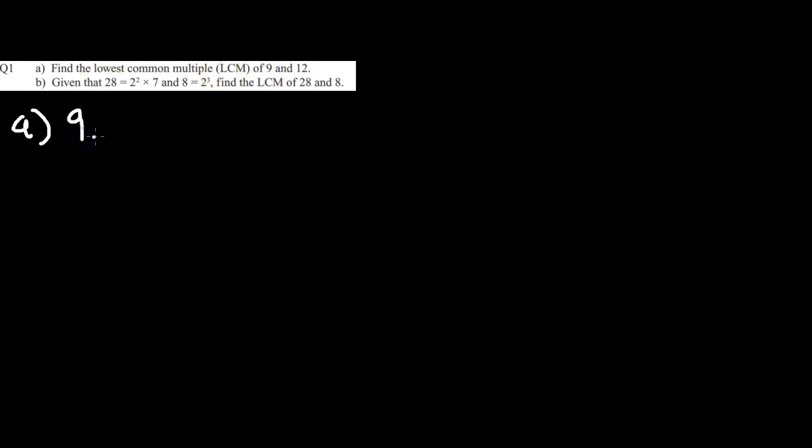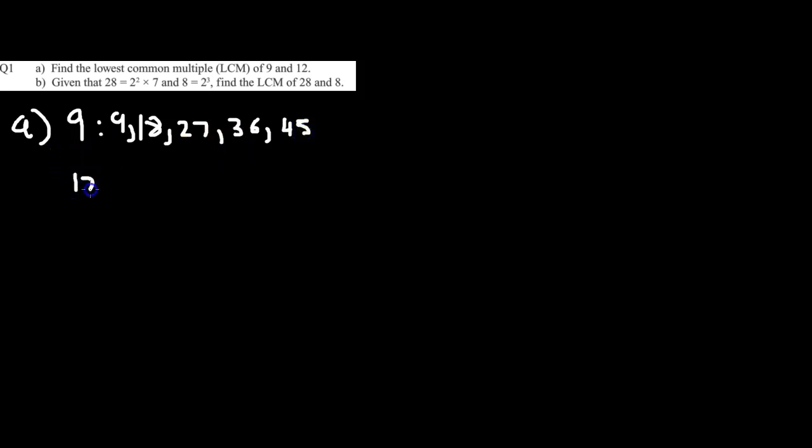So what we do is use method 1, where we just list the multiples. So for 9, we have 1 times 9, 2 times 9, 3 times 9, 4 times 9, 5 times 9, 45, and we'll keep it there for now.